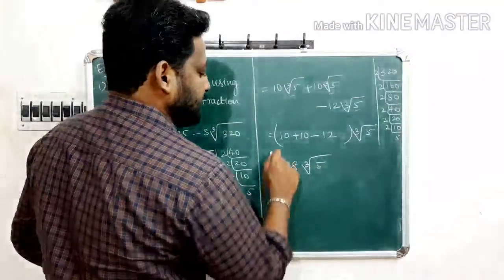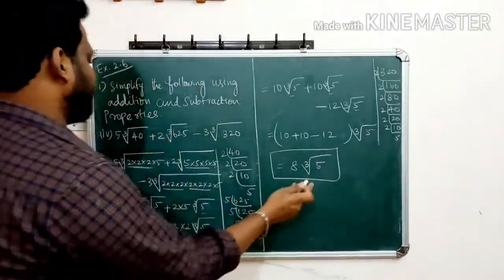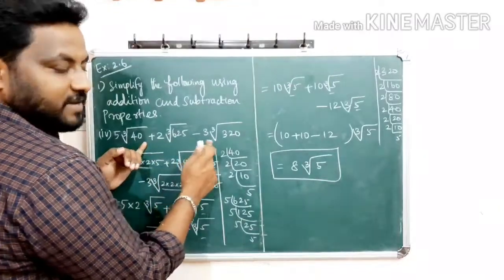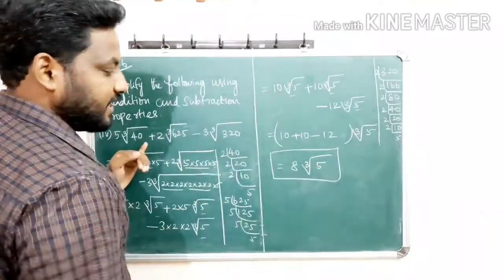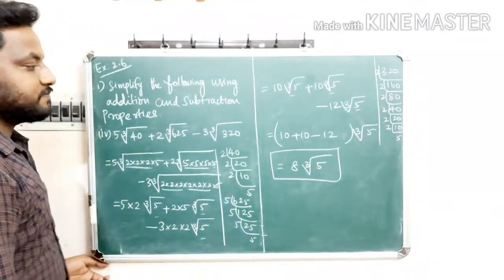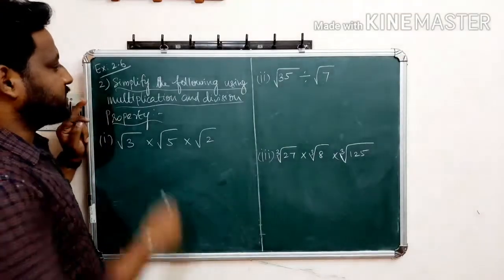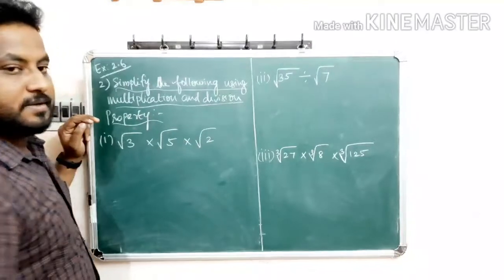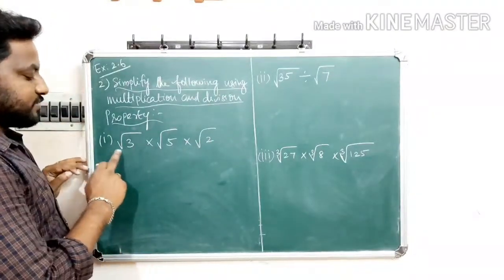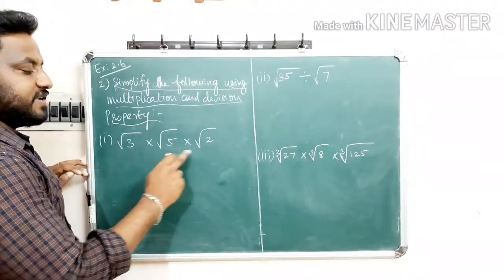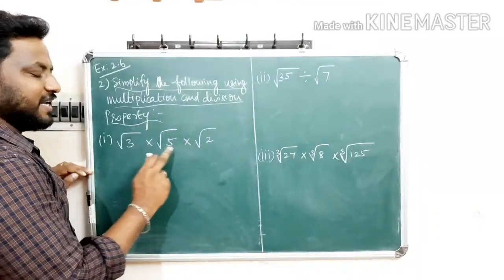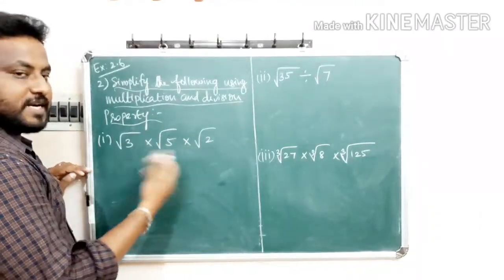So this is the value of 5 cubic root of 40 plus 2 cubic root of 625 minus 3 cubic root of 320. Understand? And then the second question, simplify the following using the multiplication and division property. The first question is root 3 into root 5 into root 2. Here the roots are common, so in multiplication we directly multiply the numbers.